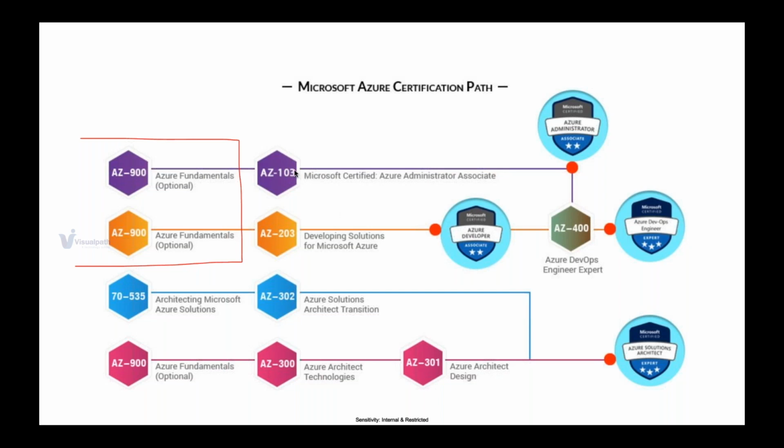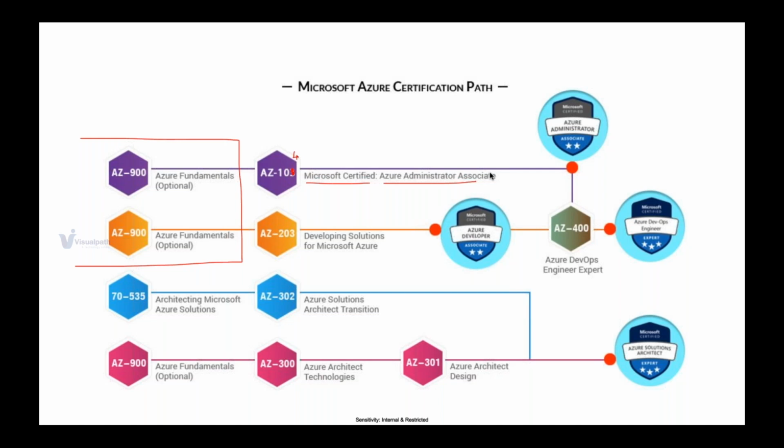Earlier, this Azure admin was called AZ103, and since last year it has been renamed with updated contents as AZ104, which is what we'll be going through in this entire training. AZ104 is for Azure administration. There are two tracks we can see: one is development and the other is infrastructure administration, wherein we help host whatever is developed on the infrastructure. So Azure Administrator is the one wherein we deal with the complete infrastructure administration.